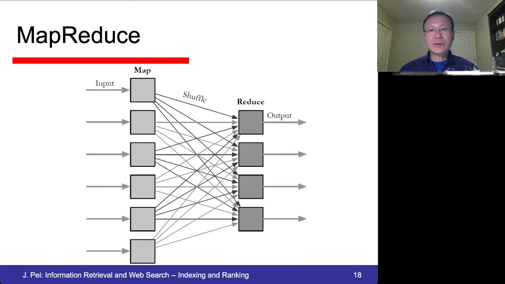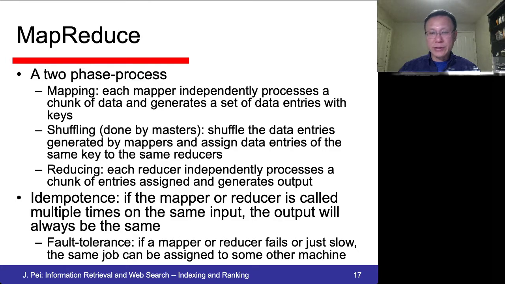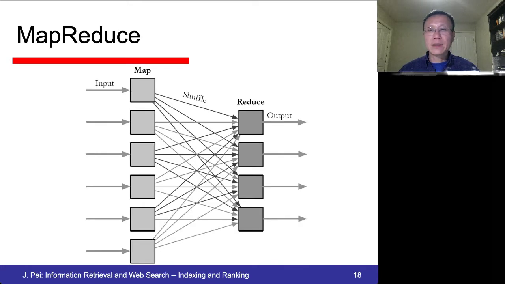MapReduce works as follows. The input is fed into mappers, and then mappers produce the data entry using some key. I will show you one example to get better understanding in just one minute.